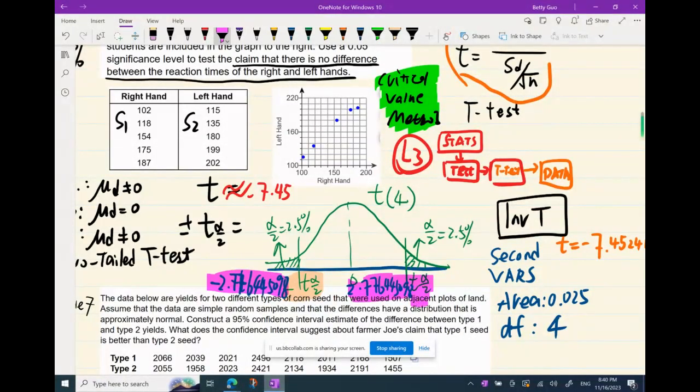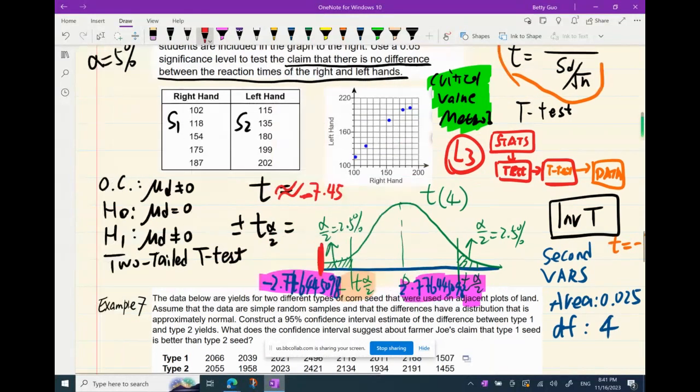One is positive, the other is negative. Our test statistic is negative 7-point-ish, way back in the left tail. Negative 7-point-ish is less than the negative critical value. So the test statistic falls in the critical region.